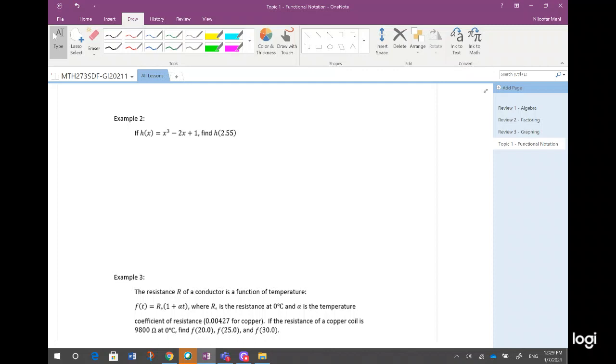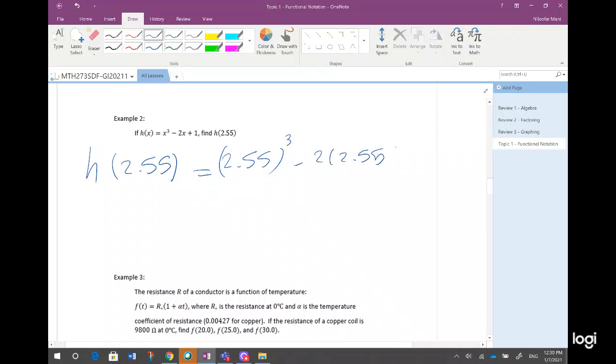So what is the result here if I evaluate the function at 2.55? It means h of 2.55. It doesn't mean h multiplied by 2.55. No. So 2.55 to the power 3 minus 2 times 2.55, plus 1, right?